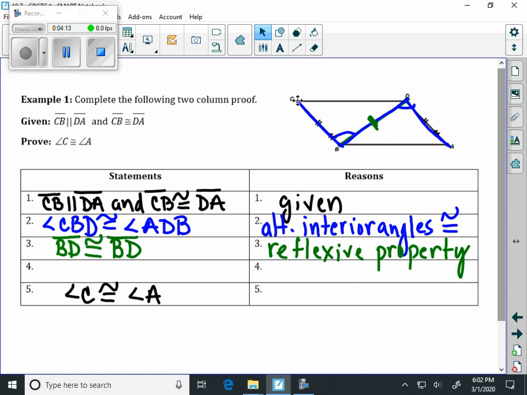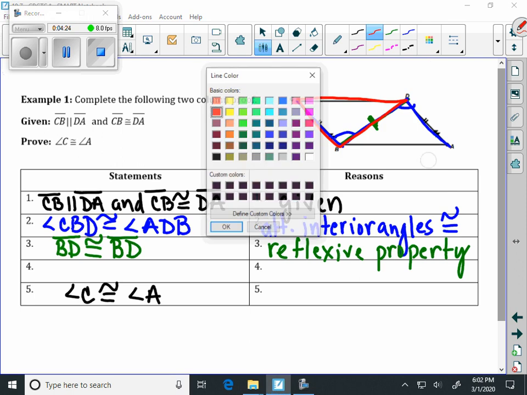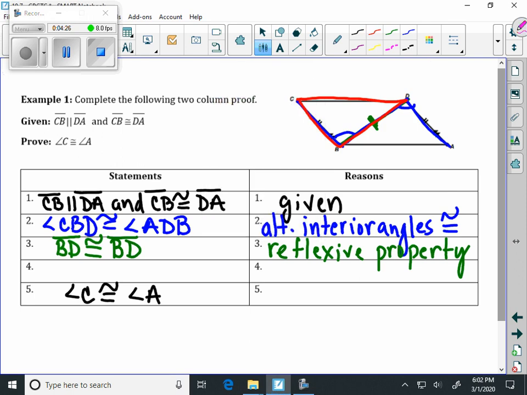And let me just highlight what triangles we're working with here. Here is one in red. And then we'll put this in pinkish purple here. Here is the other one in pinkish purple.